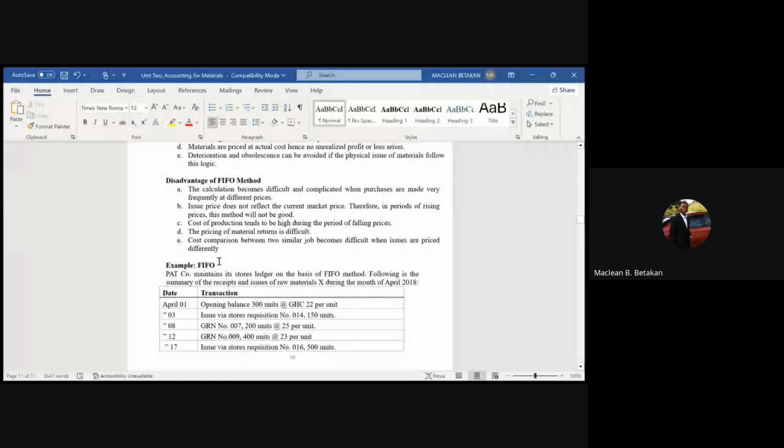We have to compare companies and see the performance based on this comparison. But if they are valuing the costs, the inventory, the values are different. So it is actually becoming difficult to do that because one company may be using LIFO, another one may be using FIFO.